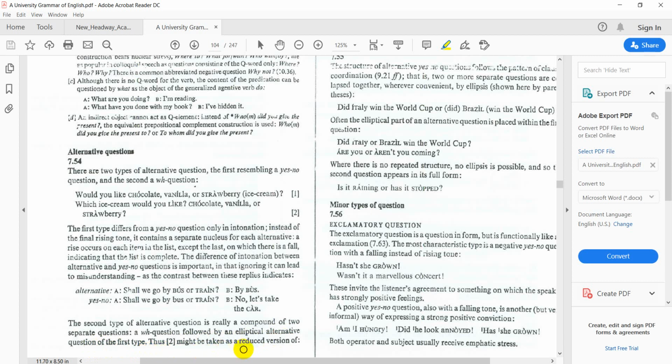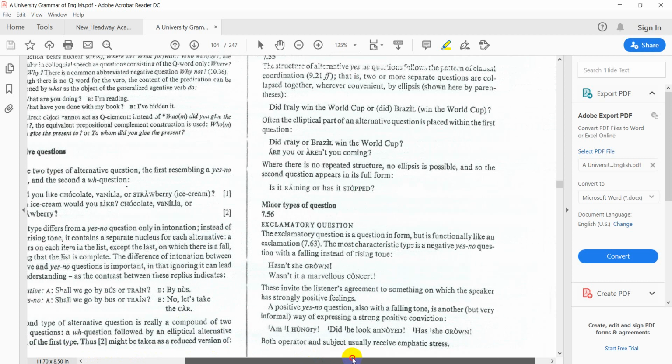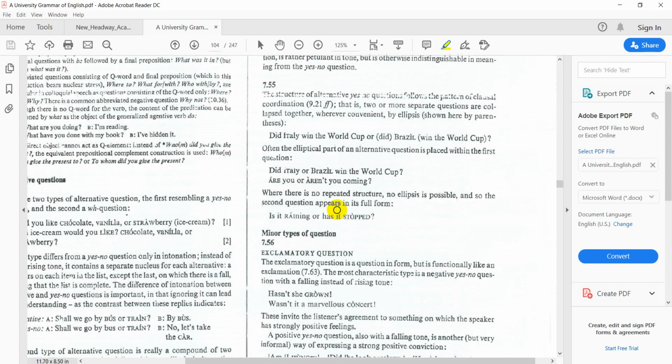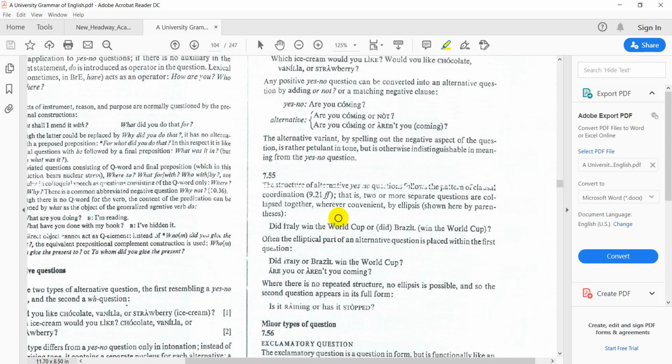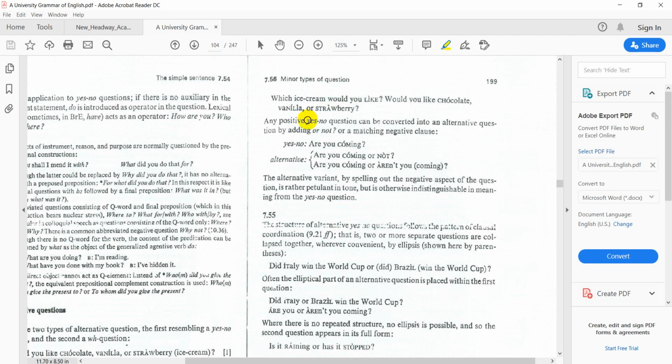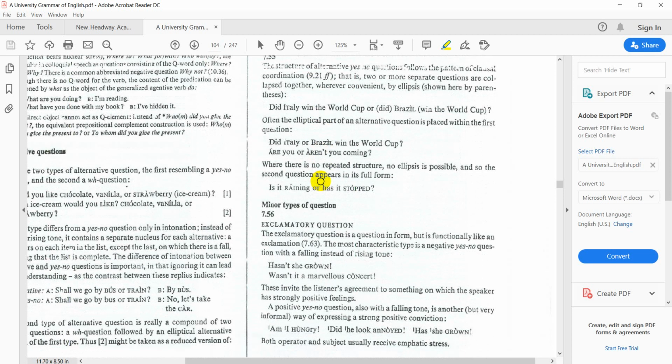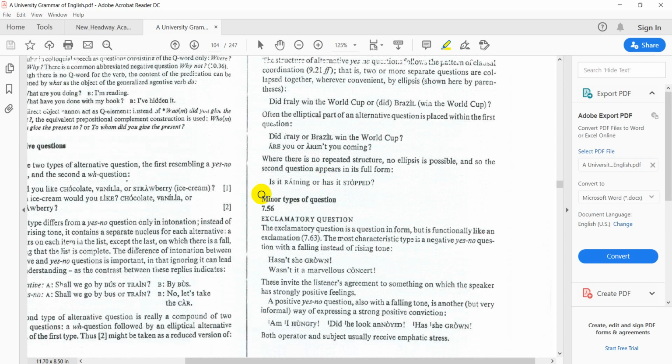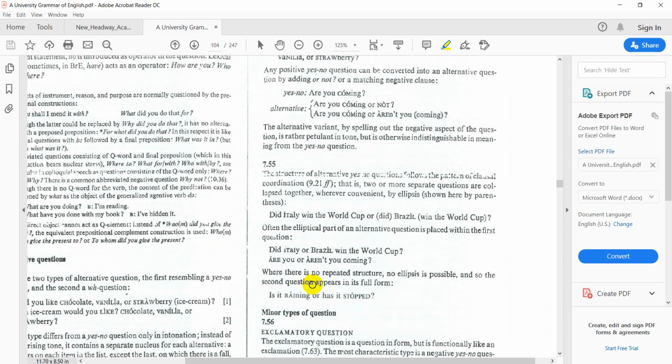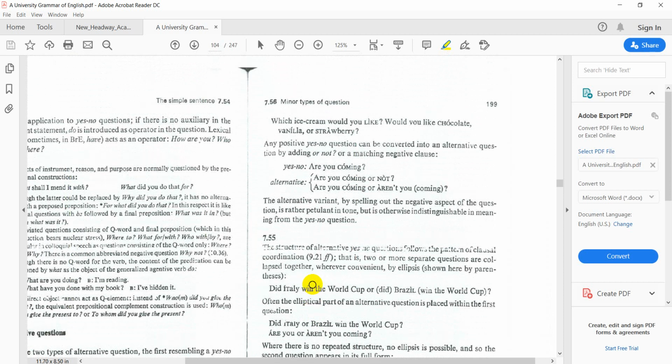Thus, it might be taken as a reduced version of: which ice cream would you like? Would you like chocolate, vanilla, or strawberry?